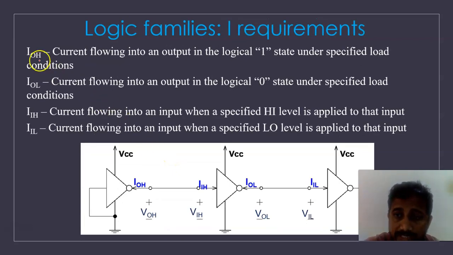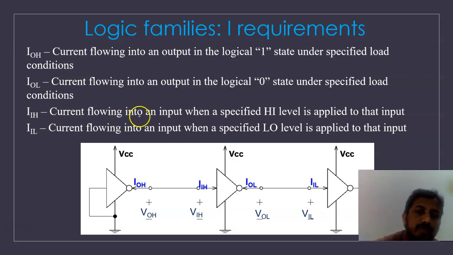Similarly, IOH is the current flowing in the output under the specified load condition and in the logic 1 state, when the output is high. IOL is the current flowing in the circuit when the output is low. IIL is the current flowing into the input when the specified input is applied as low.